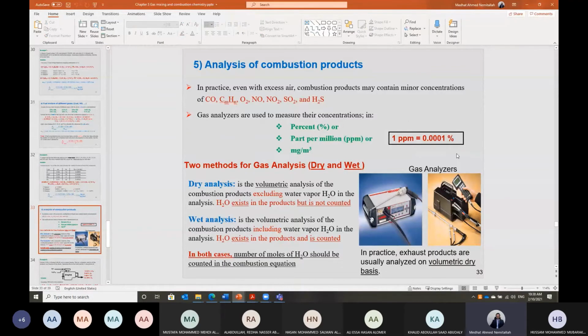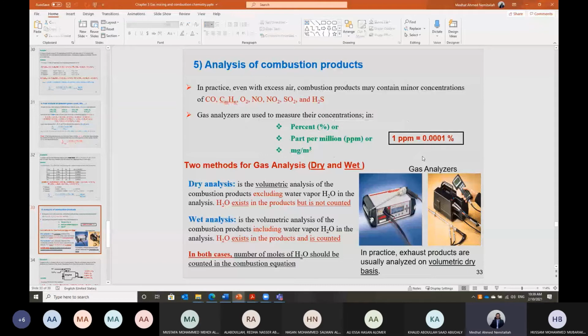But usually, there are two techniques to measure the concentration of the exhaust gases, either based on the dry analysis, which means we don't have H2O in the product, or the wet analysis, which means we analyze the product to know the concentration of each species, including the water vapor. Usually the water vapor can affect the accuracy of calculating the concentration of some other gases, especially carbon dioxide.